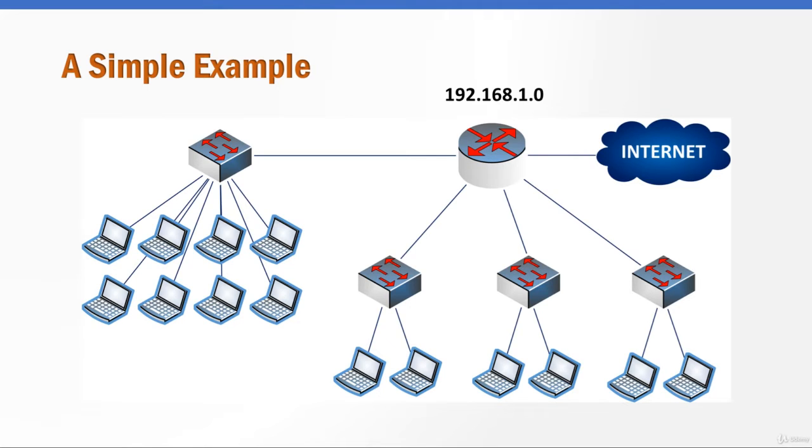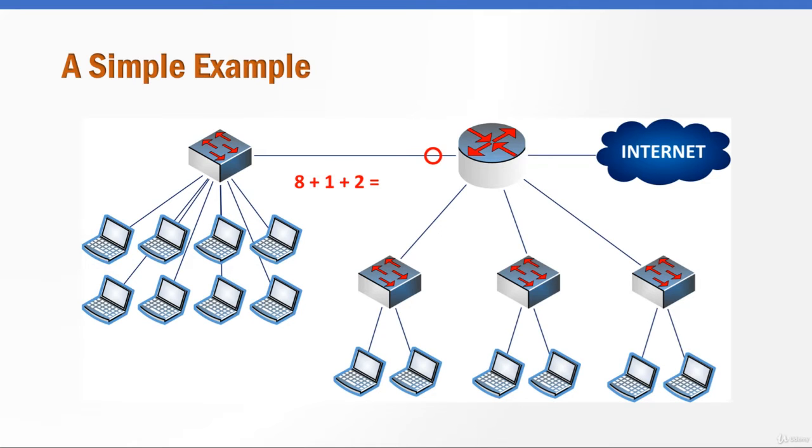Let's start by counting the number of IP addresses we need per subnet. So we'll start from the largest network on the left. We need 8 IP addresses for 8 laptops, plus 1 IP address for the router interface, plus 2 IP addresses for the network ID and broadcast.